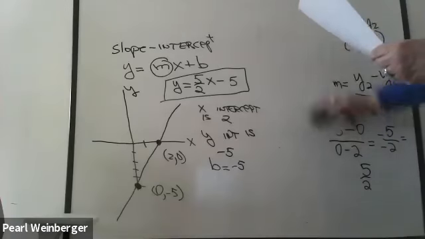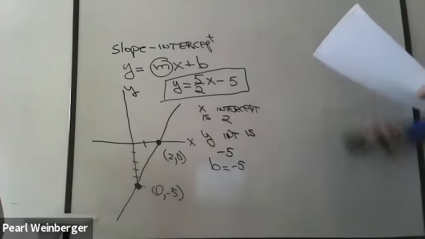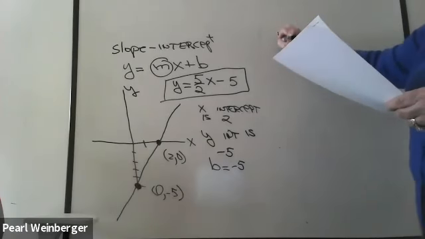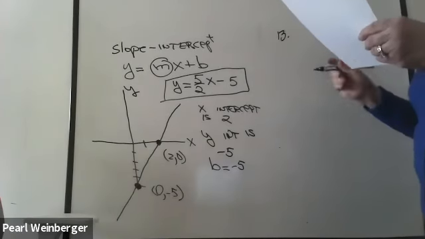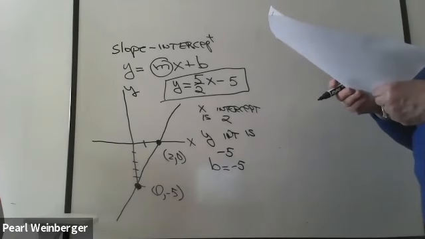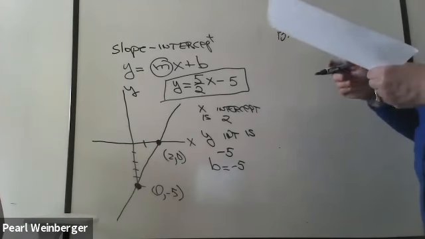Actually, this is question number 13 on the practice example sheet 2. This is number 13. And it's telling me, determine the equation of the line described, put the answer in slope-intercept form.